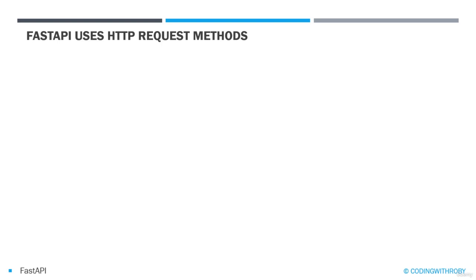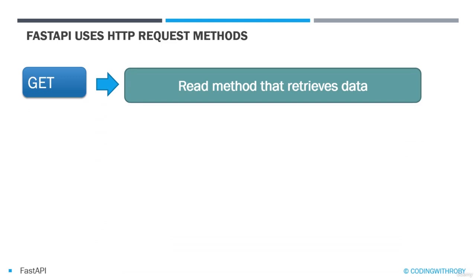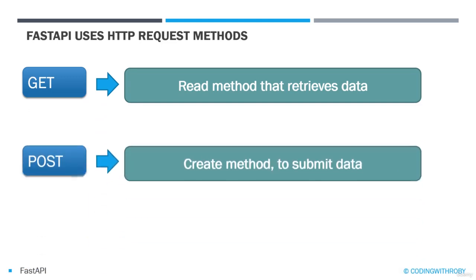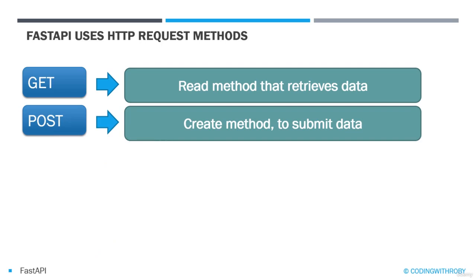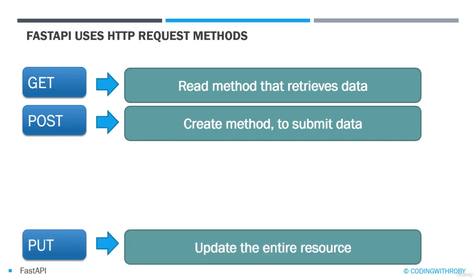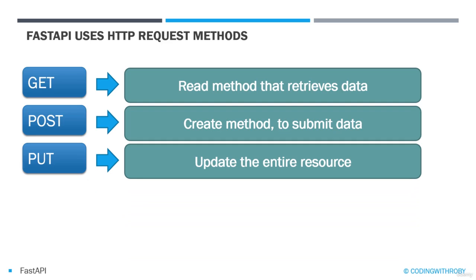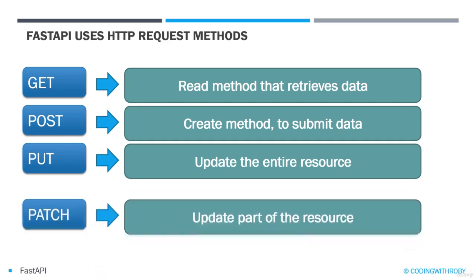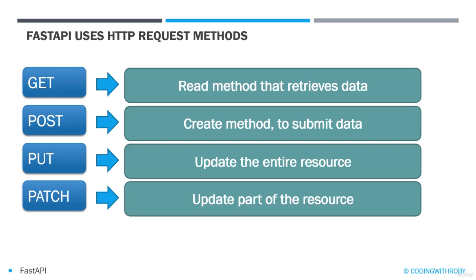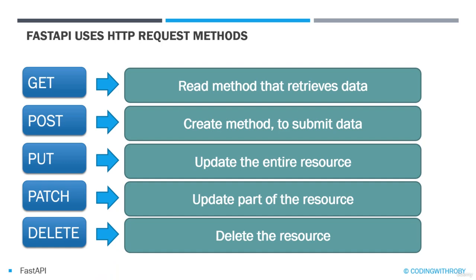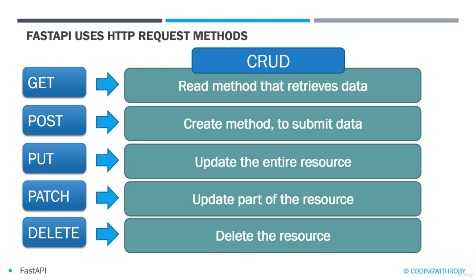REST APIs typically include GET, which is the read method that retrieves data, POST, which is a method that creates and submits data, PUT, which is a method that updates a resource, PATCH, which is a method that updates part of a resource, and lastly DELETE, which deletes a resource. These operations are also known as the CRUD operations, which stands for create, read, update, and delete.